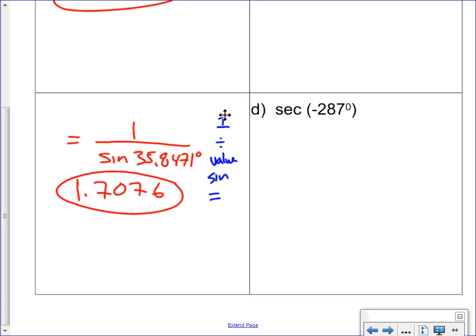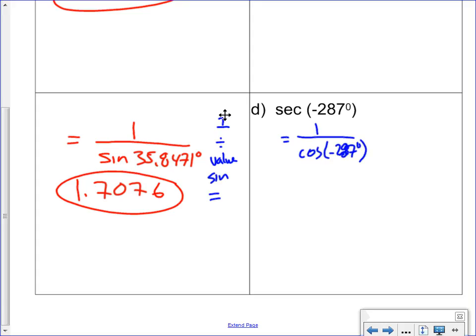All right. How are we going to do secant? 1 divided by the cosine of negative 287. Sorry, not 287, 2.87. Let's see if this works.